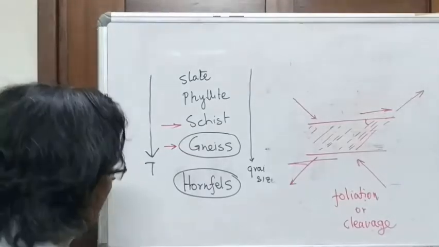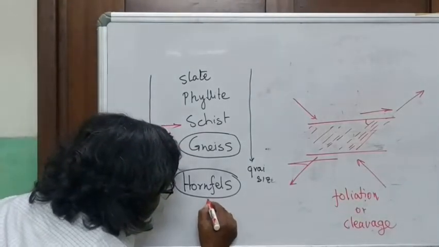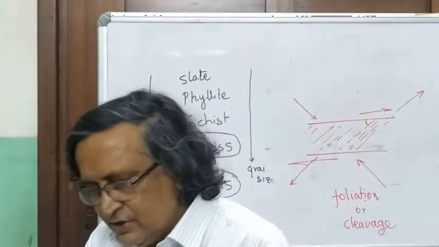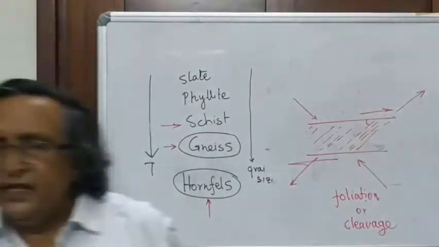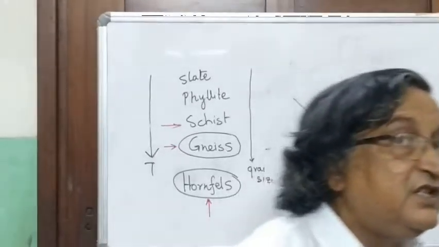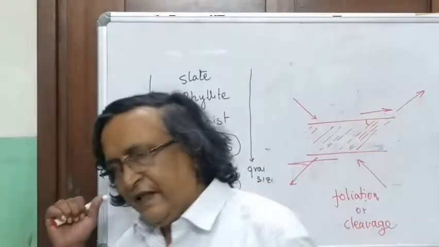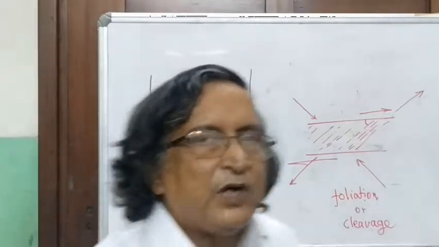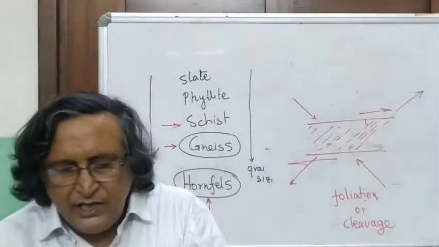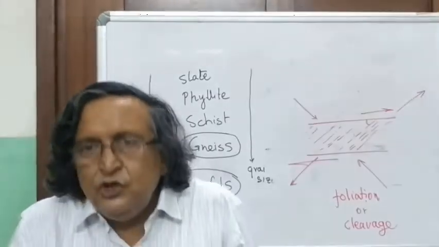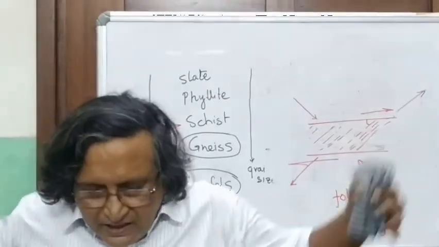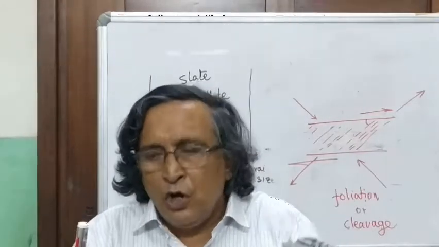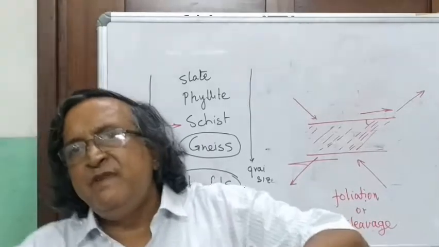Now, the hornfels. In the hornfels, what happened? This happens not always, they are not associated with deformation. Hornfels, this particular metamorphic rock, is formed by what is called contact heating. Say you have a sedimentary rock that is intruded by a granite, but there is no ongoing far-field stress acting on the rock to align the growing minerals.